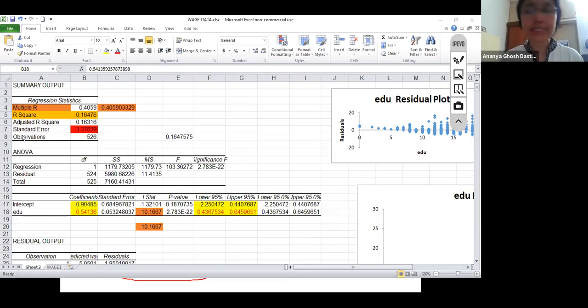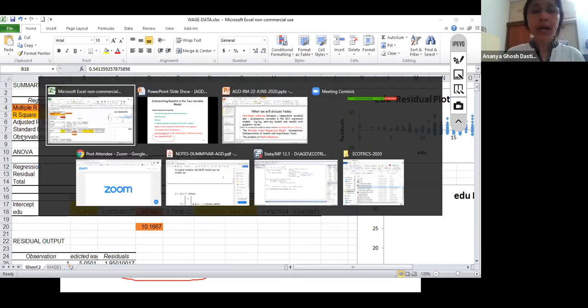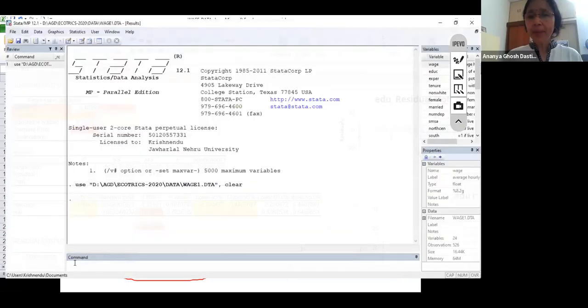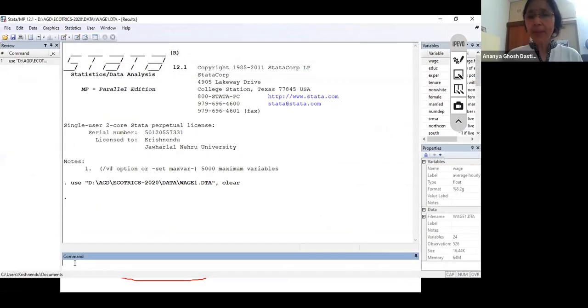When we get exactly the same results in Stata, what is that telling us? It is also telling us that Stata is using the OLS estimator. So Stata is using the same alpha hat equal to y bar minus beta hat into x bar, and beta hat equal to covariance xy upon variance of x. The same formulae, the same estimators are being used in Stata as well.